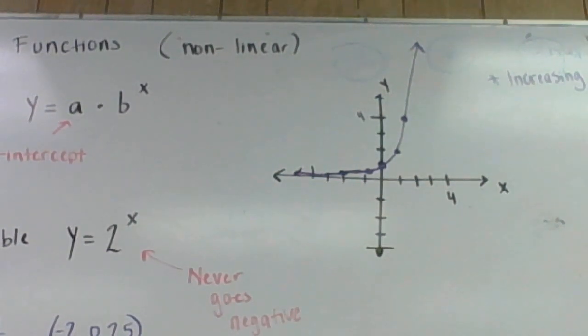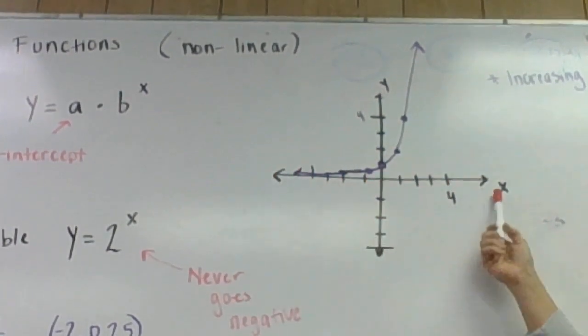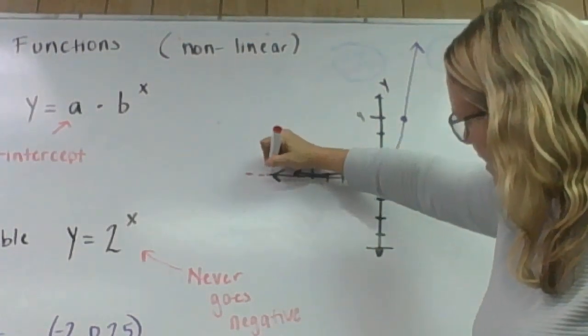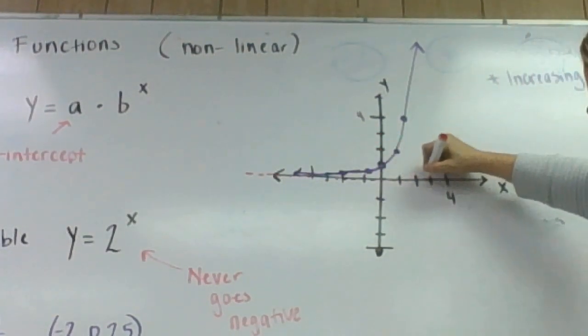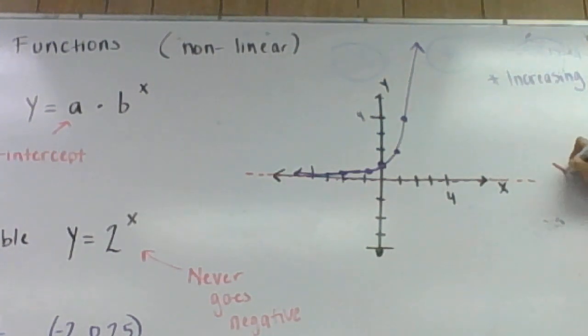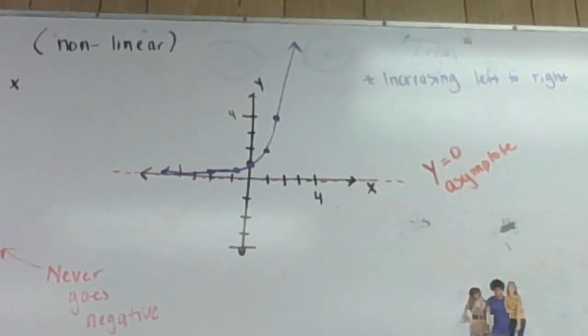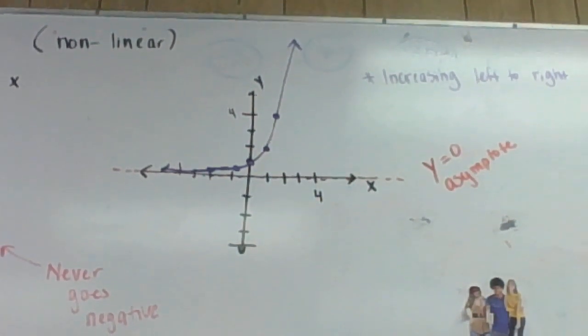There's a really cool word for this moment on the graph where I said it never goes negative. I'm going to make a dashed line here, and I'm going to tell you a new word for this. This dashed line, where y equals 0, is called an asymptote. New vocabulary word, asymptote.